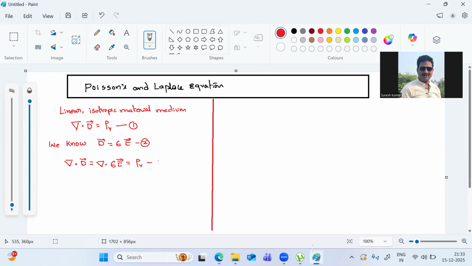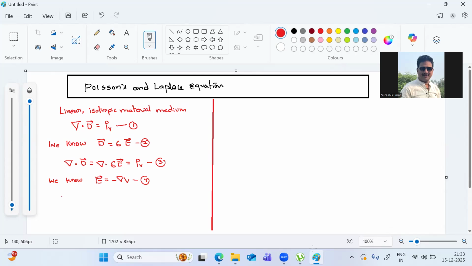This is equation 3. I'm going to use one more relation, which is the relationship between electric field intensity and electric potential. That is equation 4.